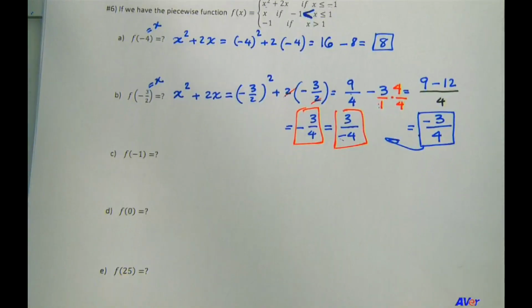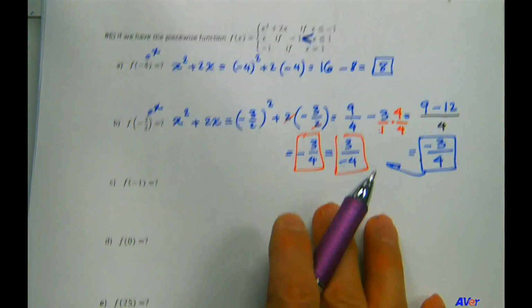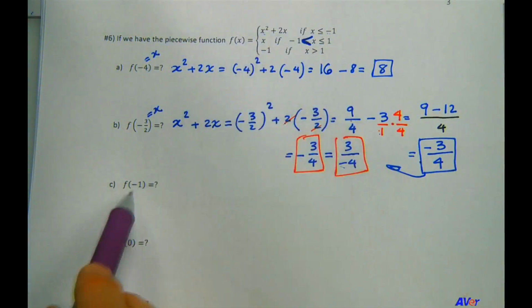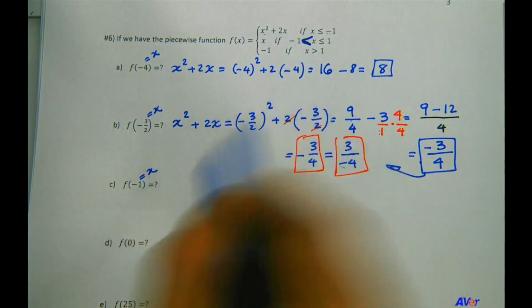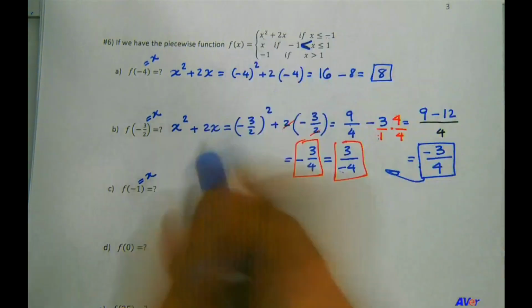Okay, so this one is asking us to evaluate the piecewise function f at x equals -1. So this is our x value. Well, x equals -1 is still that function.